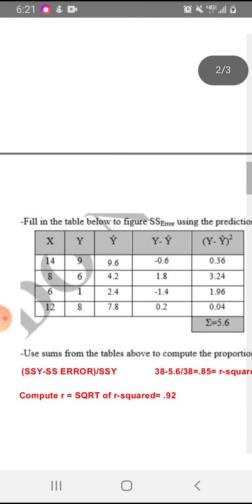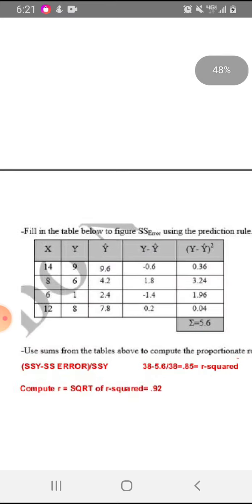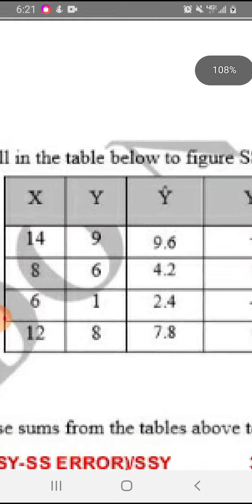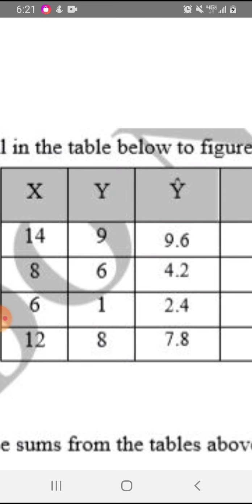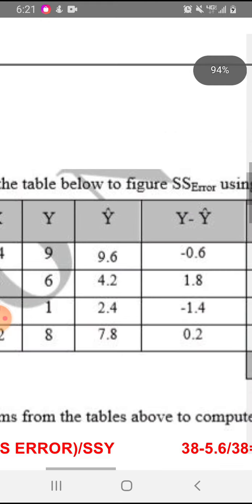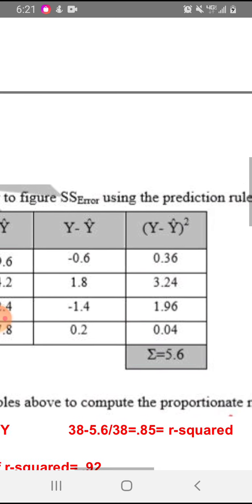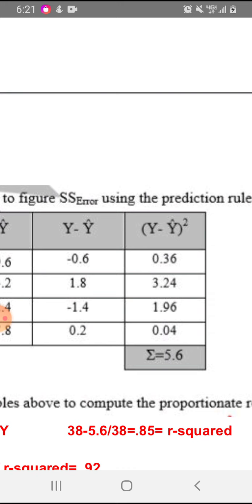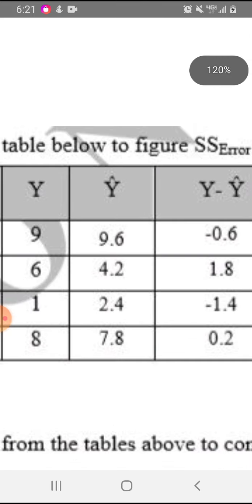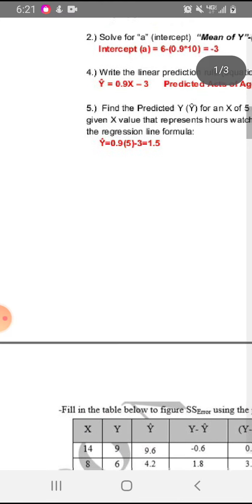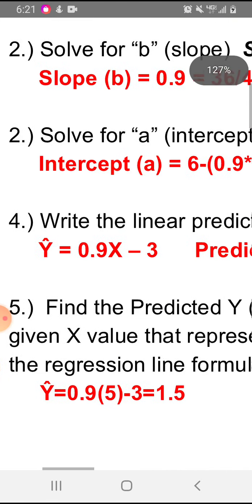Okay. The next step is you are going to fill in the table below to figure the SS error. Okay? So what you do there is you plot the original x's, the original y's, and now you have 3 new columns you haven't seen before, which is a column of y hat, y minus y hat, and y minus y hat squared, eventually giving us SS error. So to compute these y hats, you take the original x and insert it into the formula that we got here.